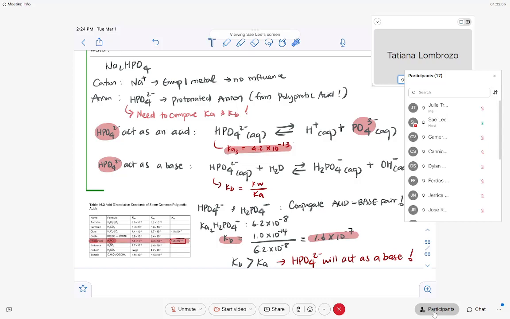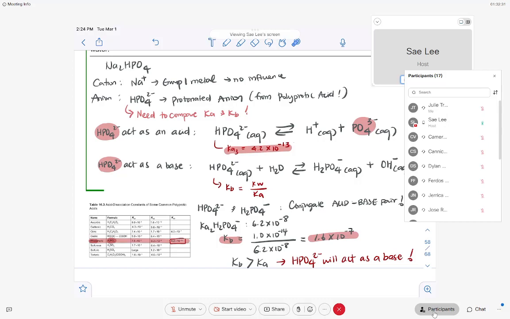If you have two acids and one has a larger Ka value, then that's a stronger acid, right? And if it has a lower value, it's a weaker acid. The acid dissociation constant basically tells you how readily the proton is going to fall off.